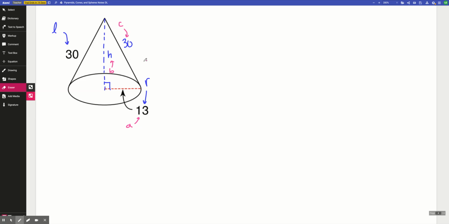So if you get a number that's bigger than 30, you've done something wrong in your math somewhere, because remember, you end up solving for B. So in terms of formulas, remember your surface area formula is pi r squared plus pi r L, and your volume formula is 1/3 pi r squared h.